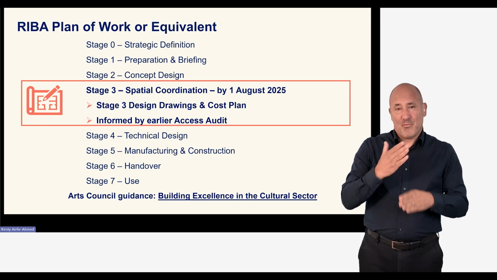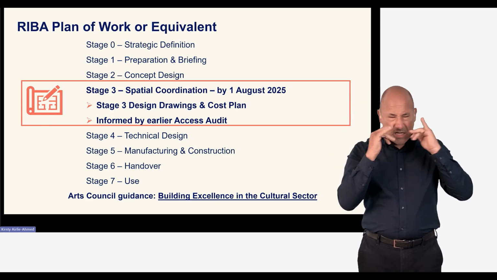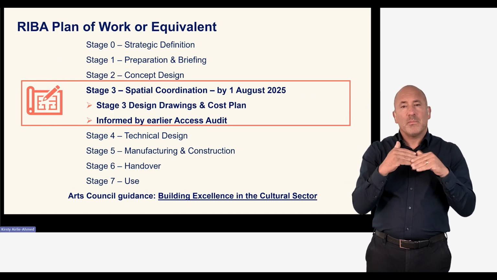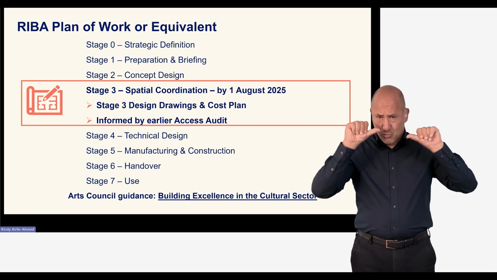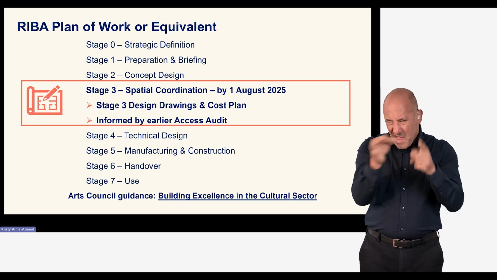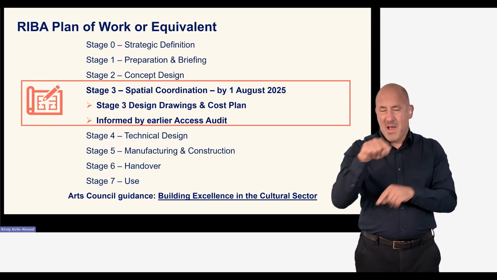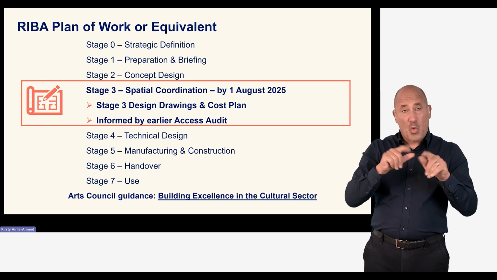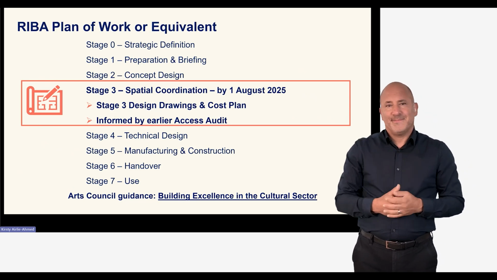Work Stage 3 is fundamentally about testing and validating the architectural concept to make sure that the architectural and engineering information prepared at Stage 2 is spatially coordinated before the detailed information required to manufacture and construct the building is produced at Stage 4. This should all be informed by the access audit carried out at an earlier stage.